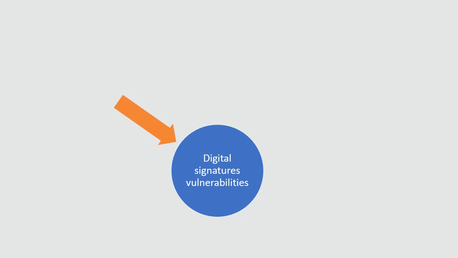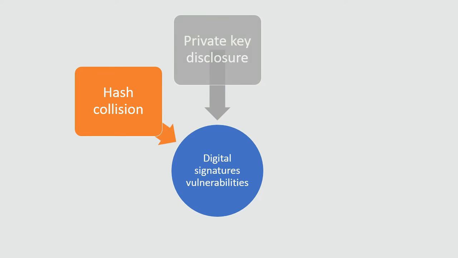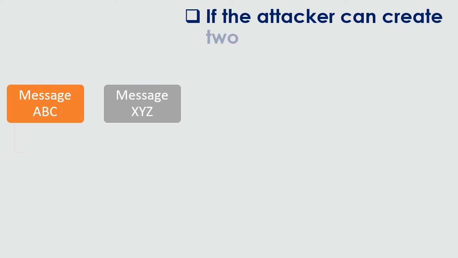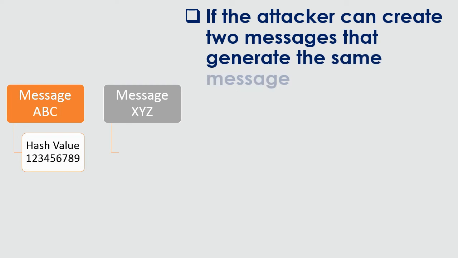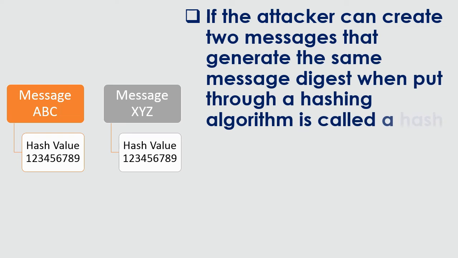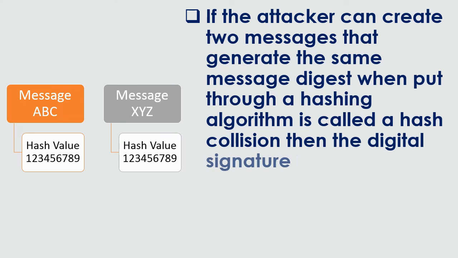Digital signature vulnerabilities are hash collision, private key disclosure, and CA compromise. If an attacker can create two messages that generate the same message digest when put through a hashing algorithm, called a hash collision, then the digital signature is no longer reliable.